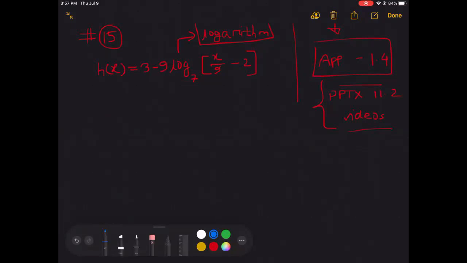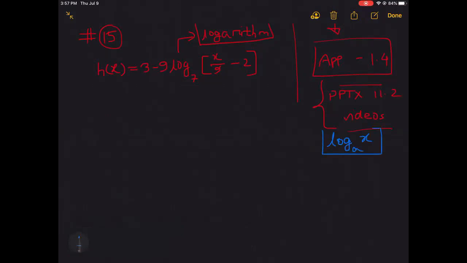Just don't go for this one. Give me the general idea. Whenever you are given a logarithm, what's the general idea to calculate the domain? Let's say I have log x base a. What could be the domain of this? Can x be 0? You said x can't be less than 0. Can it be 0 precisely?